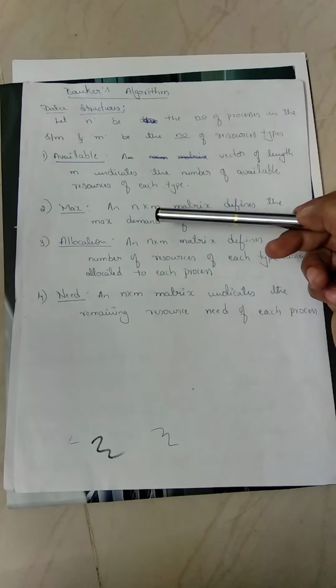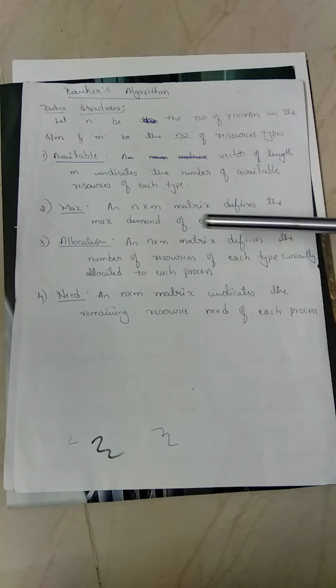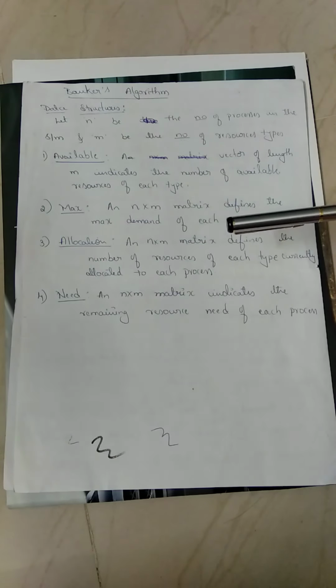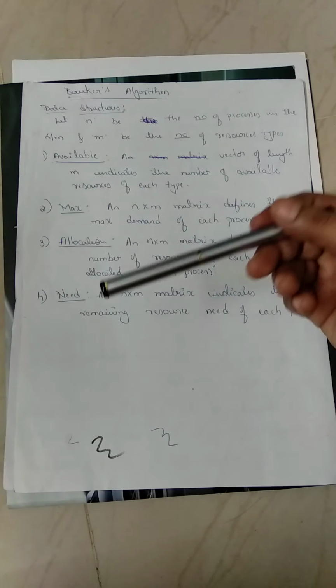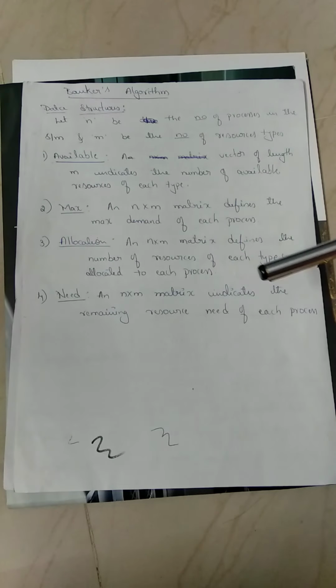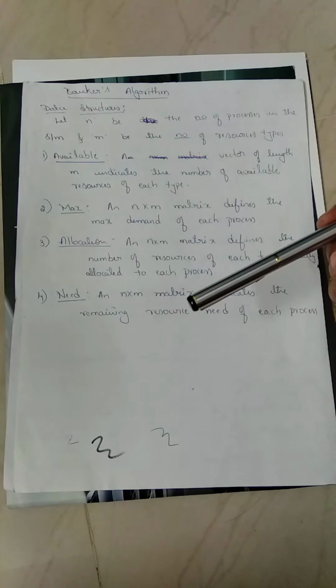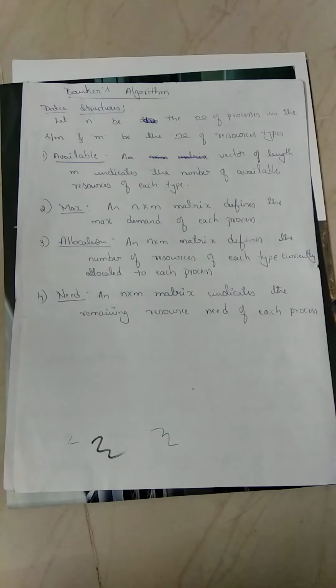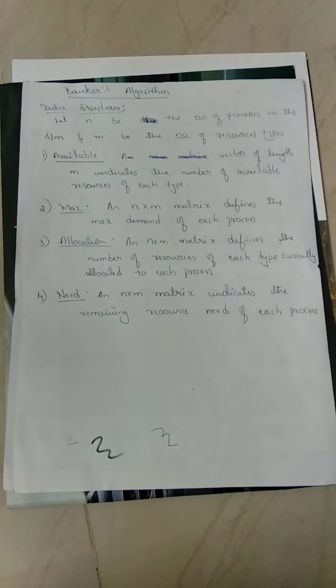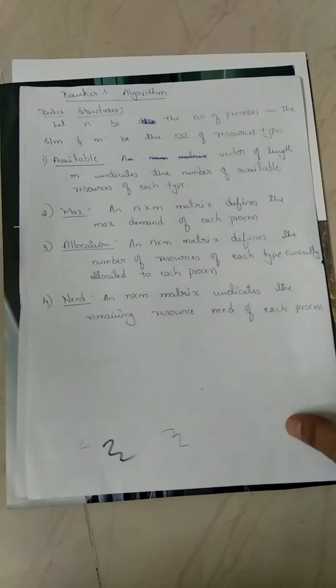Max is an n cross m matrix that defines the maximum demand of each process. Allocation is an n cross m matrix that defines the number of resources of each type currently allocated to each process. And need, an n cross m matrix, indicates the remaining resource need of each process. So these are the data structures used to implement Banker's algorithm.